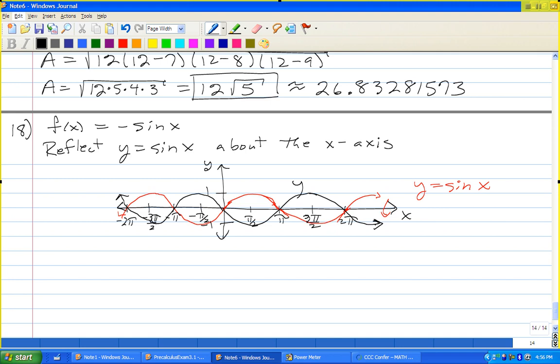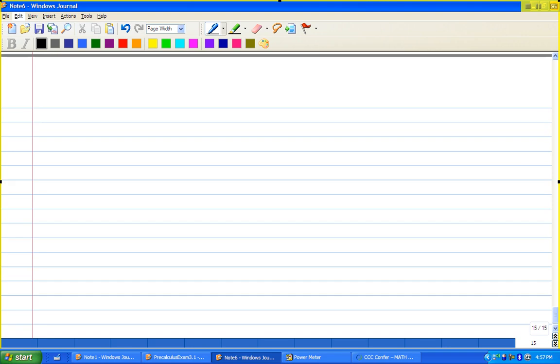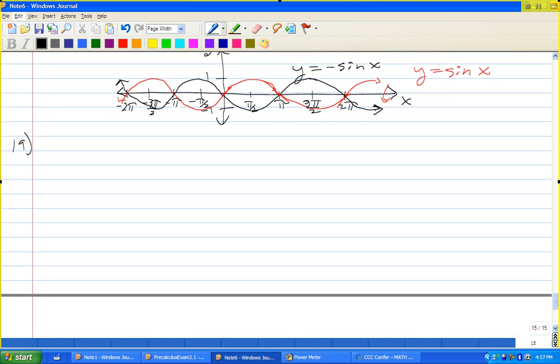So the black is the graph of minus sine x. Okay. 19. Cosine 2x.